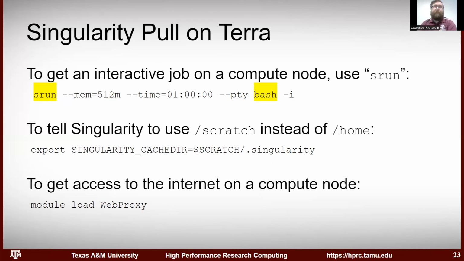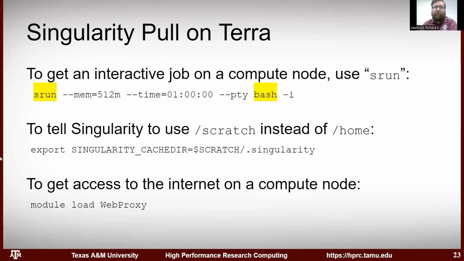In order to get any job running on HPRC, you have to specify at minimum a memory and a wall time. And because srun does not take a batch file as its argument, but instead a command, the command we're going to use here is bash, which says I want to get a terminal on a compute node. There are some other things here that are just related to how that terminal is going to function. Then let's go ahead and get started.